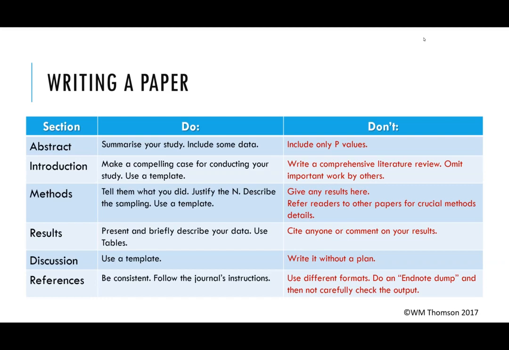In the methods, don't give any results. If you're talking about the participation rate for your study, wait until you get to the results section for that. If you're referring to a particular scale or method that you have used, don't refer the readers to other papers for details that should be in your paper.